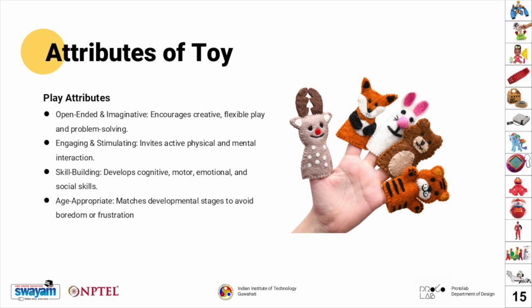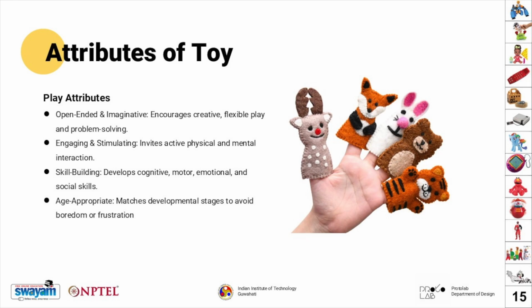Since we know what a toy is, we will now look at the attributes of toys to draw comparison and understand how they differ from games and puzzles. First, the play attributes. Toys are open-ended and imaginative. They encourage creative, flexible play and problem solving. They invite children to explore possibilities rather than follow fixed outcomes.